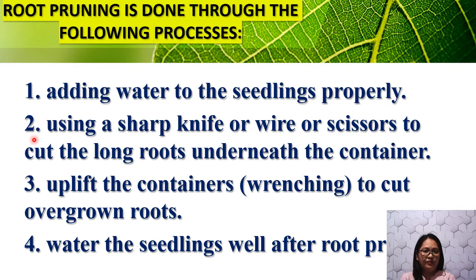Number 2, using a sharp knife or wire or scissors to cut the long roots underneath the container. Number 3, uplift the containers or wrenching to cut overgrown roots. And number 4, water the seedlings well after root pruning.